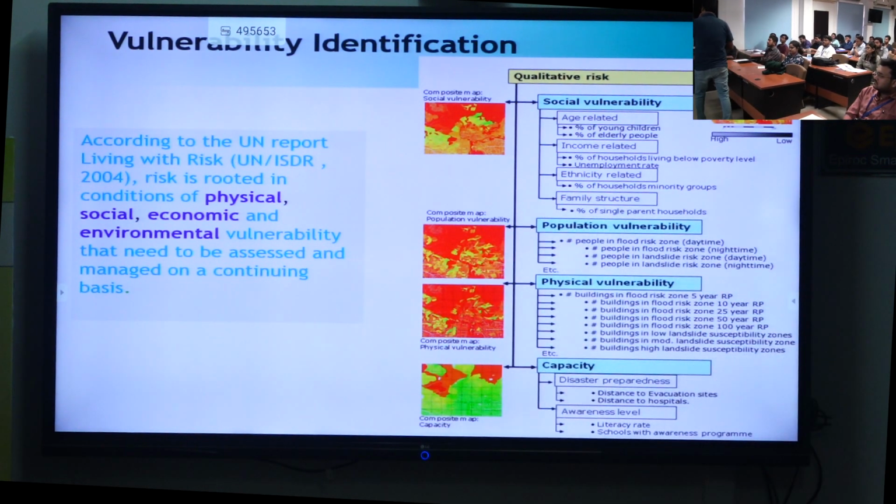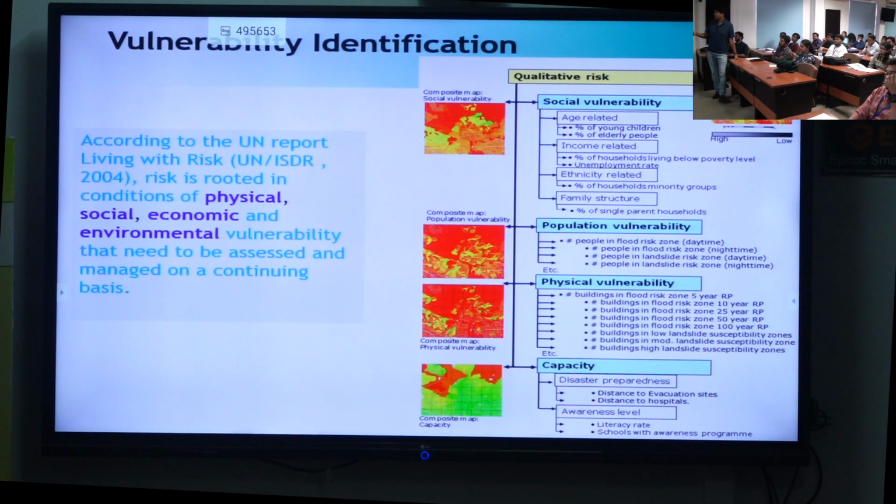So population is straightforward, a number, okay? Like I have given an example, people in flood risk, daytime, nighttime. If you have the data, then you can do that, right? How can you have daytime and nighttime? Only when you have the data on how many people are working the morning shift, and there are also people working night shift in the companies and all that, right? Those kinds of detailed data are what you need.